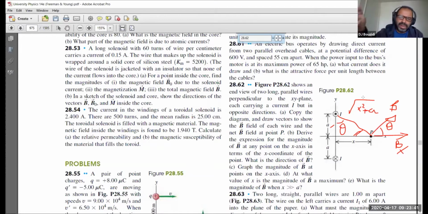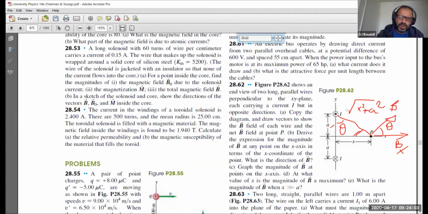So the expression for the magnetic field in this direction is going to involve mu naught times this current I, divided by the square root of x squared plus a squared twice, because one of them is coming from the cosine and one of them is coming from the formula for the magnetic field. So it's going to be a squared plus x squared.